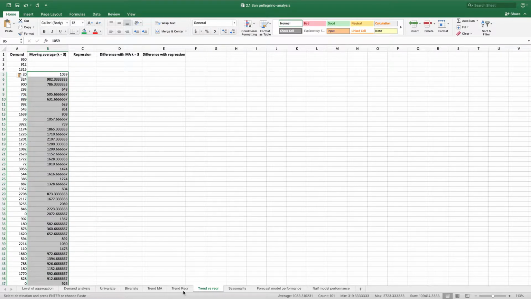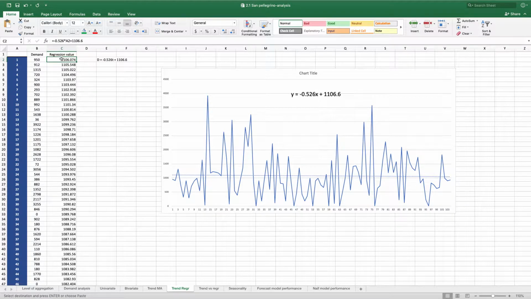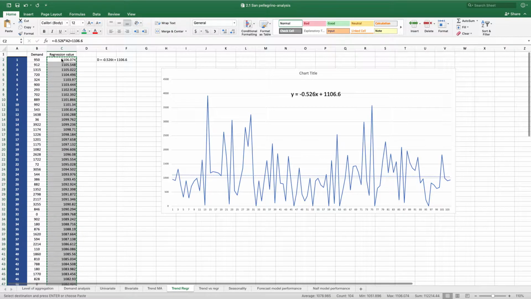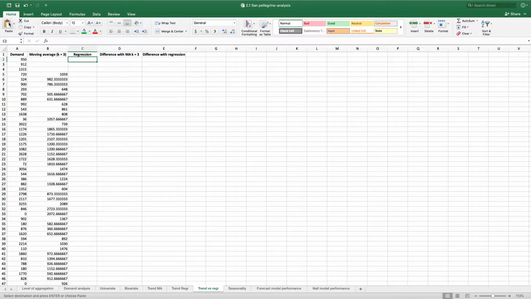Then you copy the regression values, starting from period 1.